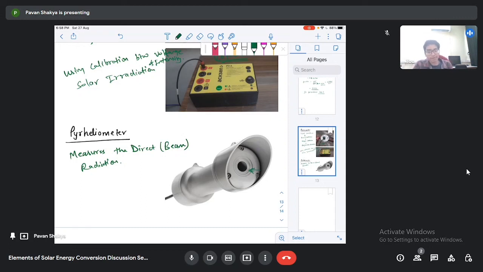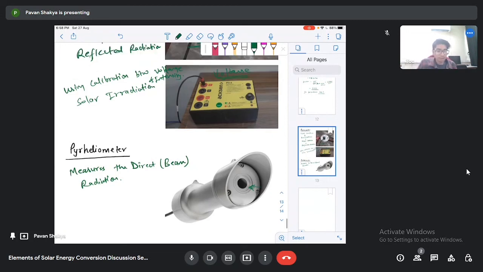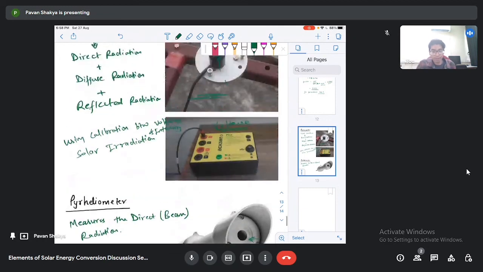Then this resistance value is measured through the data logger, where you can calibrate this voltage in terms of direct radiation.